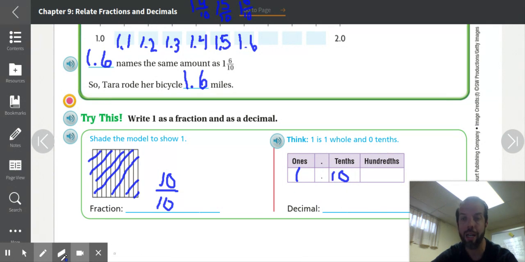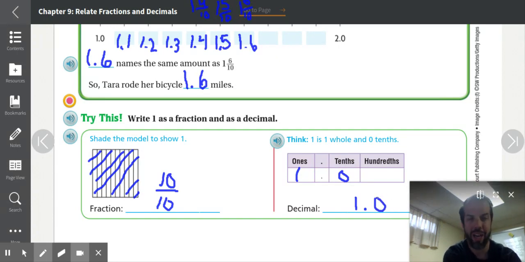That's incorrect, because if I have 10 tenths, guys, then I already know I'm crossing over into whole number world. 10 tenths just automatically equals that 1 whole. So I would write my decimal as 1 decimal and 0 tenths.